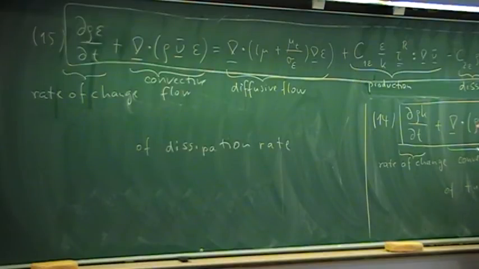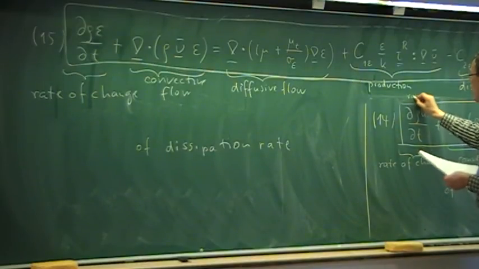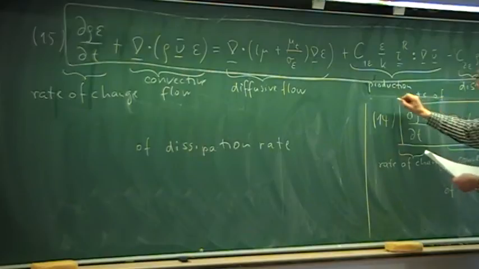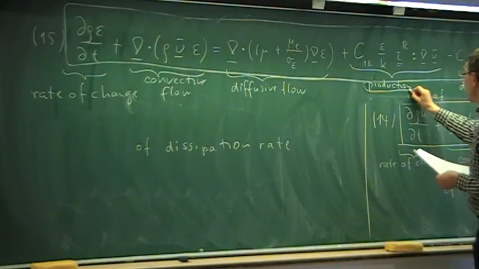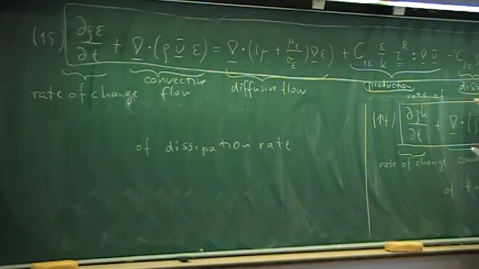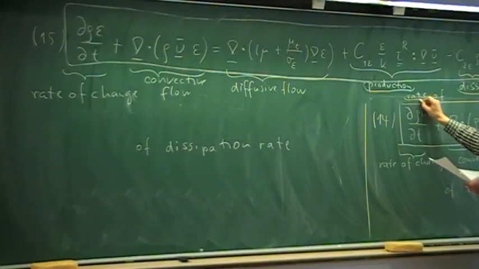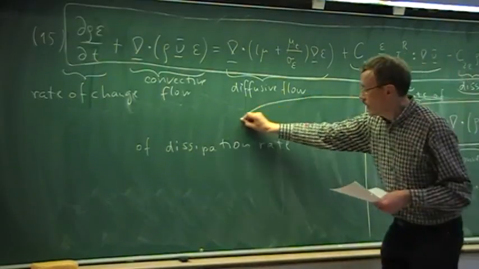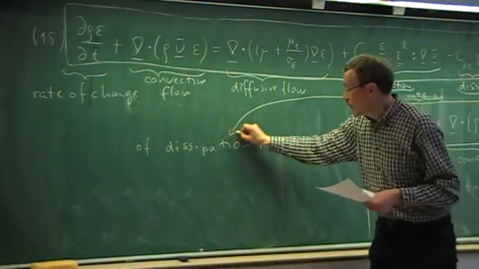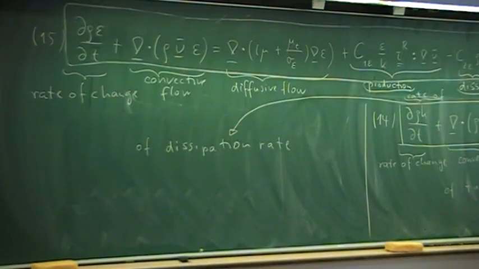So we have a production rate of epsilon and a dissipation rate of epsilon.